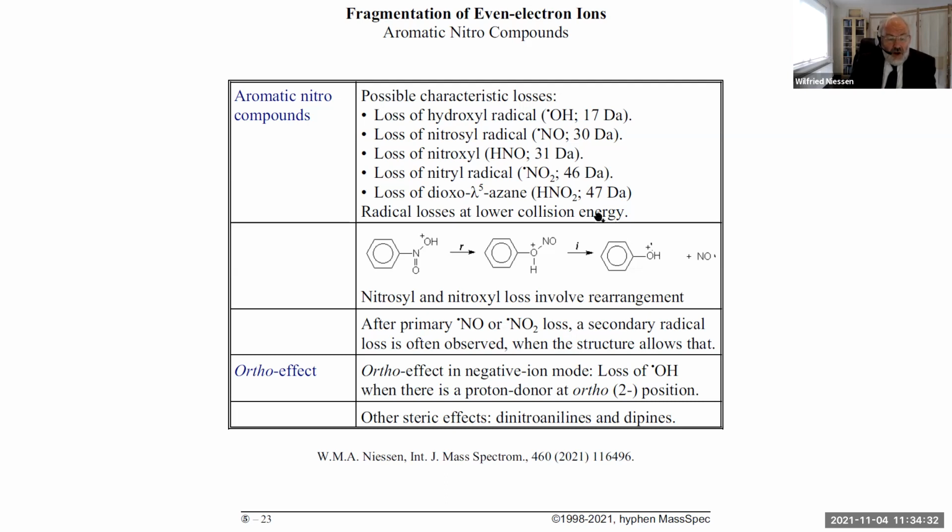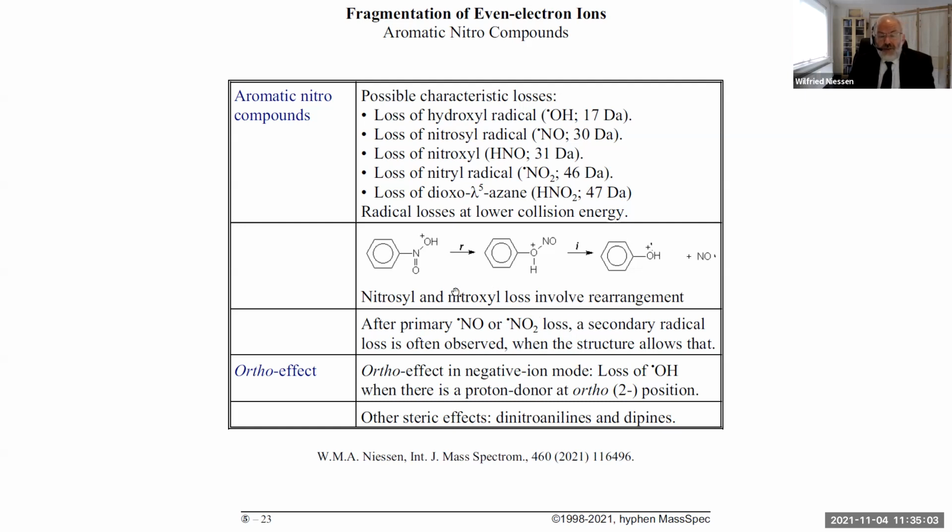It is hopefully clear that if you have the losses of nitrosyl or nitroxyl, so the losses of NO dot or HNO, there must be a rearrangement in the molecule, because instead of the carbon nitrogen, you are creating a carbon oxygen bond, which allows you to do the loss of the NO dot or HNO.